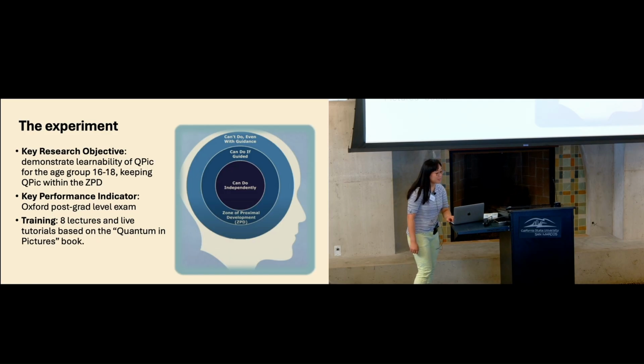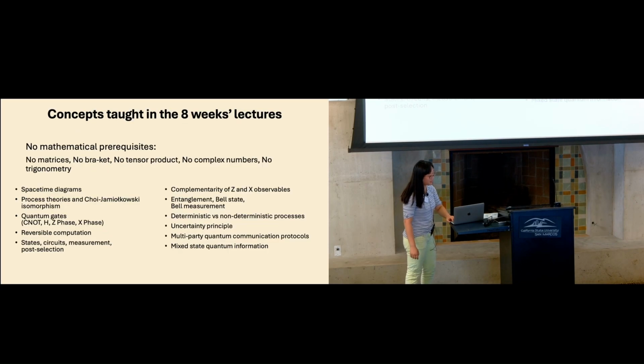And the training regimen was 8 lectures online. There's a YouTube series of videos that is now publicly available, and live tutorials with tutors, online because we wanted people from all over the UK, but based on the Quantum in Pictures book from 2023.